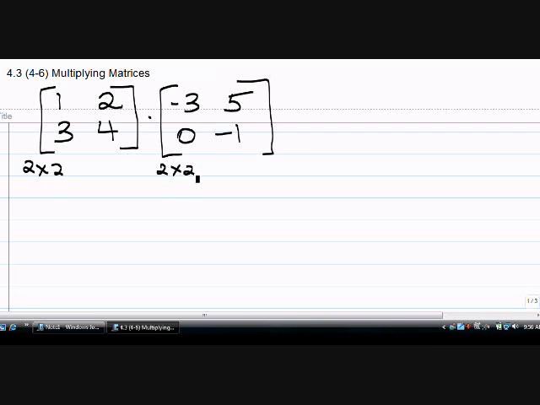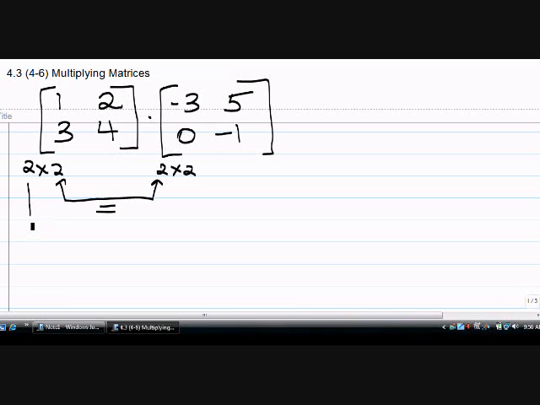In order to actually multiply two matrices, the number of columns of the matrix on the left has to be the same as the number of rows of the matrix on the right. So these two numbers have to be equal. Otherwise, I can't multiply the matrices. Move on to a new problem.